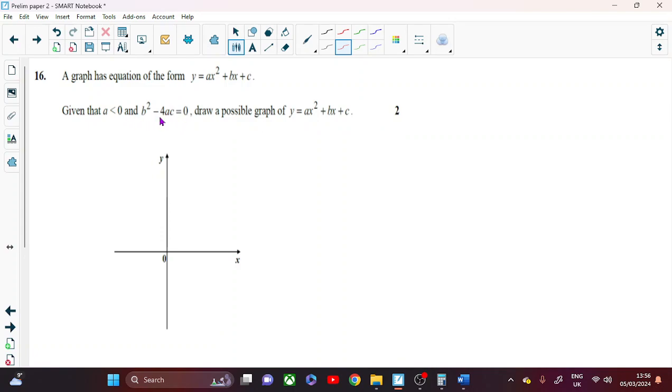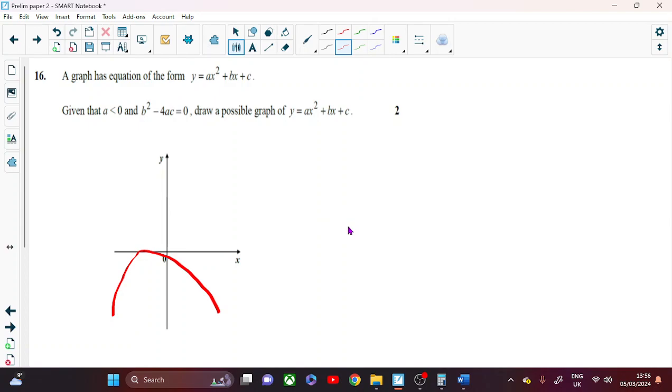Because our discriminant equals 0, it touches the x-axis in one point only. So it just touches it. And because a is smaller than 0, that makes it a negative value. Negative values mean our graph goes up, touches, and comes back down.